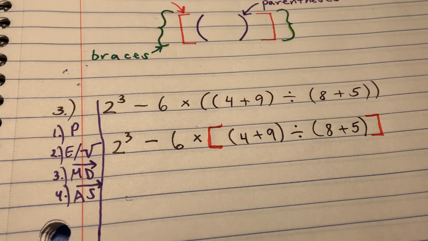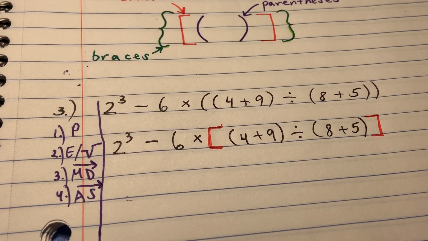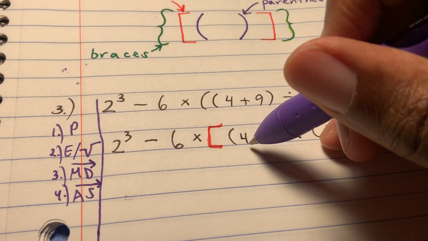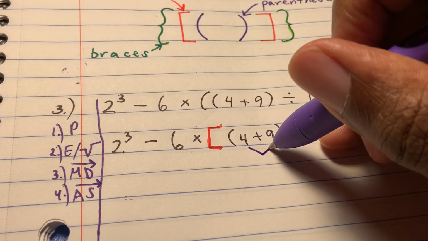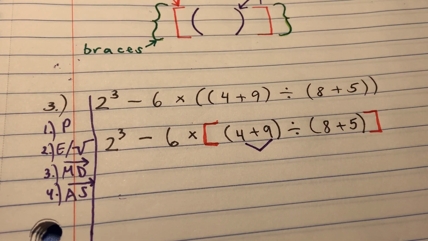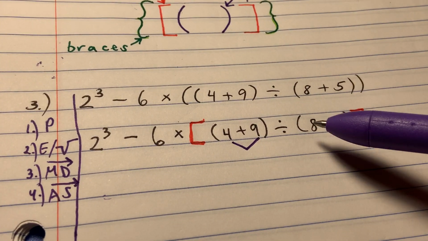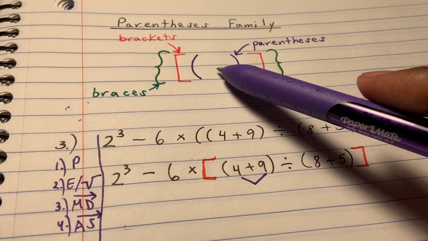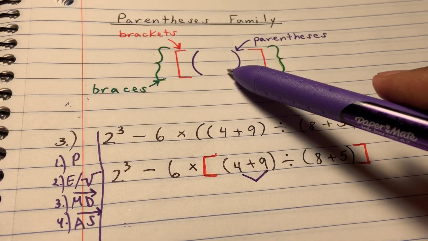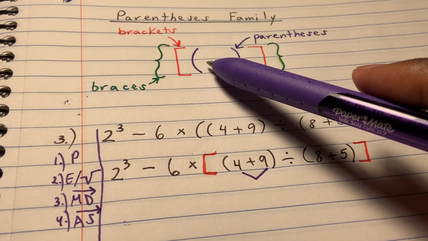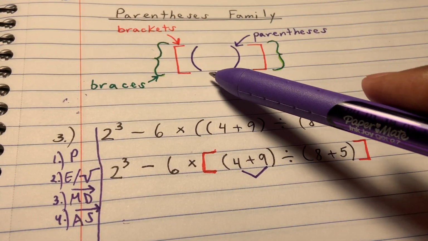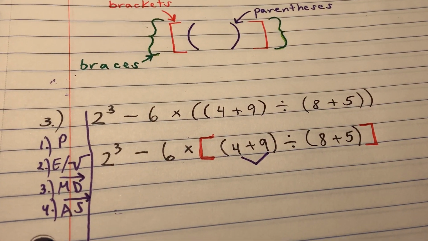Okay? So, ladies and gentlemen, stay with me. 4 plus 9, yes? Would that be my first step, somebody? Someone said, yes, Mr. Barbier, because that's my inner parentheses, right? We're going to work our way inside out. Inside the curved parentheses first, then solve what's inside the brackets, the red brackets second, okay?